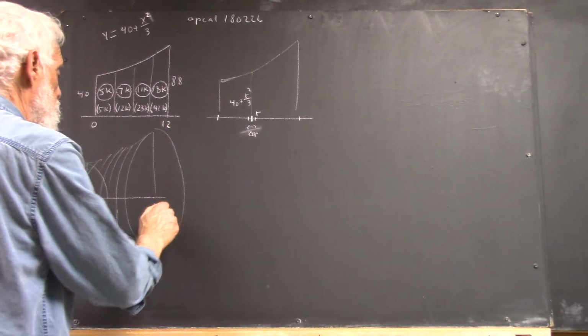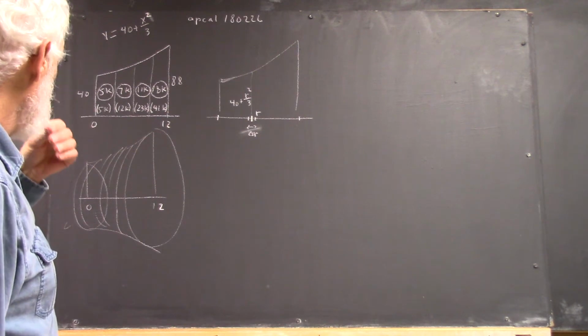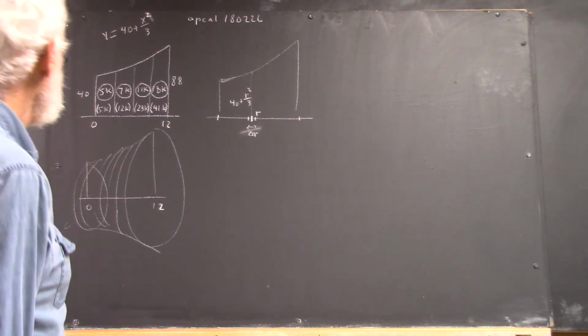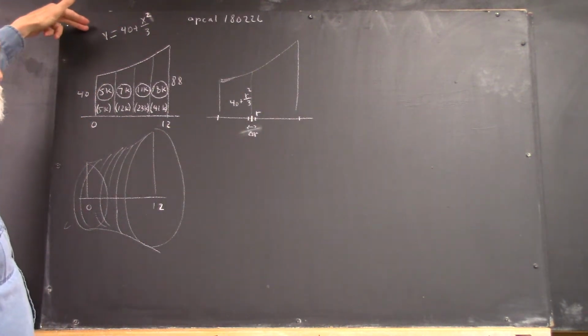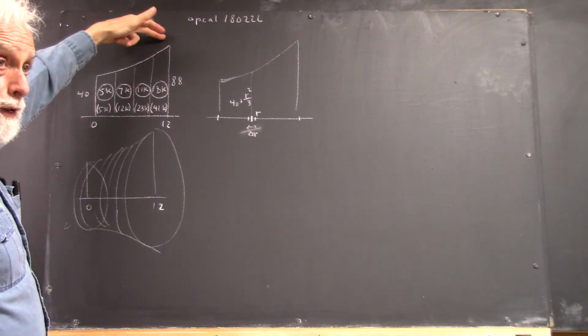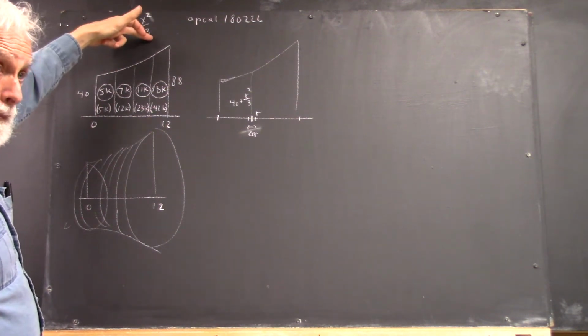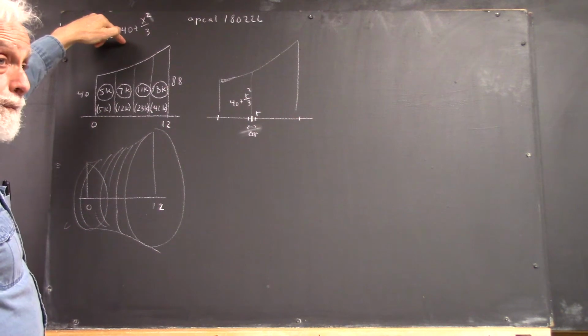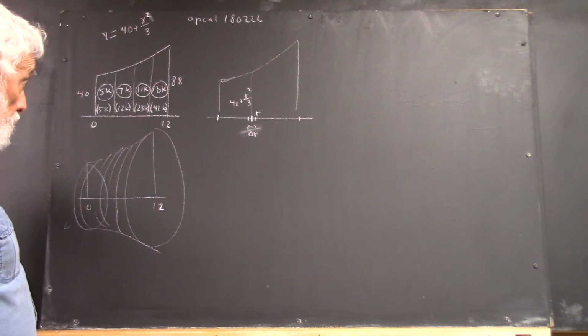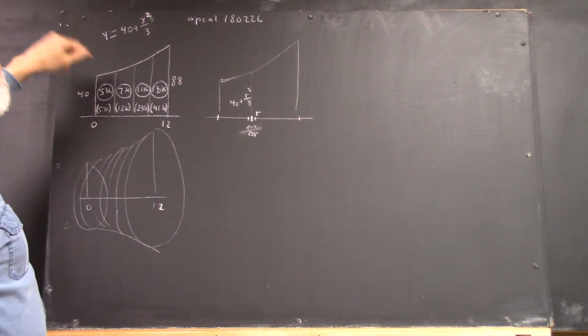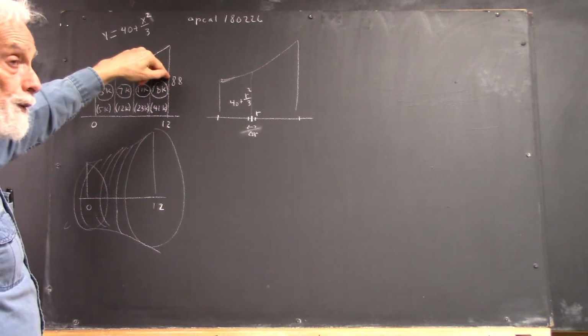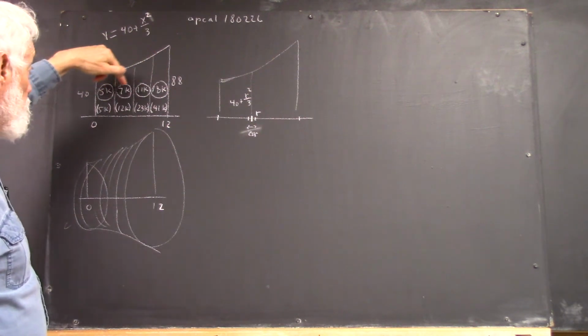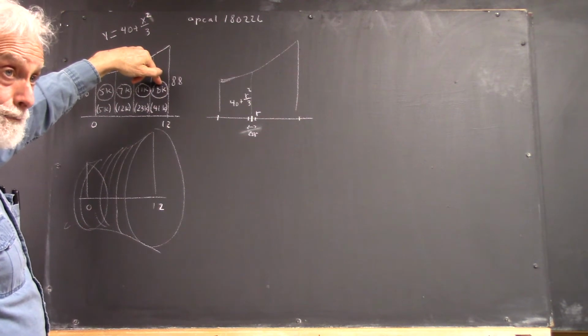Well, the first thing we did was construct a trapezoidal approximation graph in 4 intervals for this function. And you can verify that to the nearest 1,000, the areas of these regions are 5, 7, 11, and 18,000.